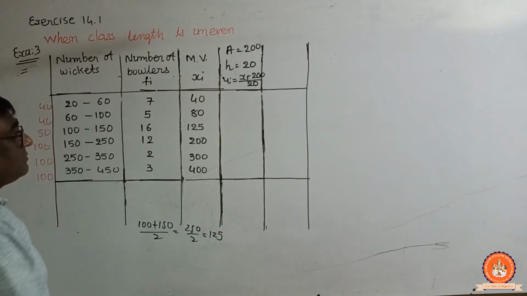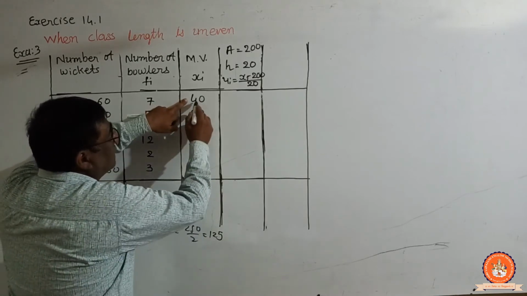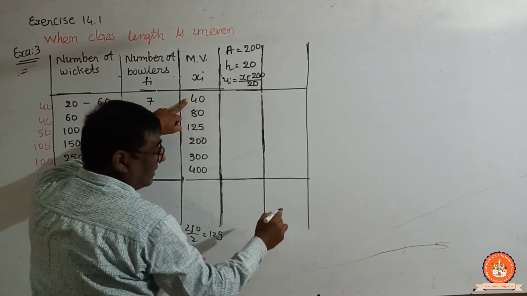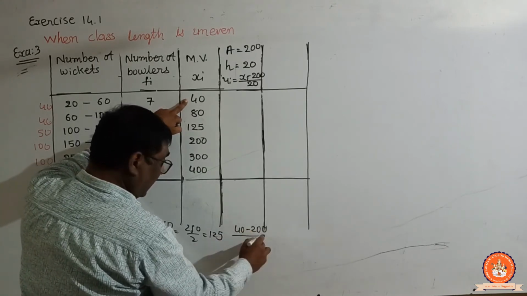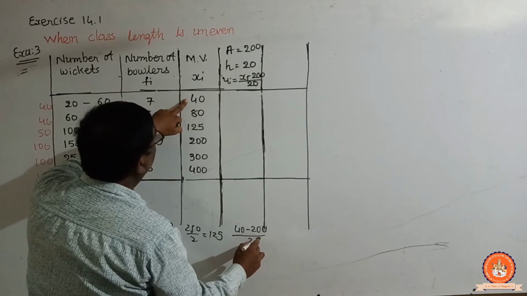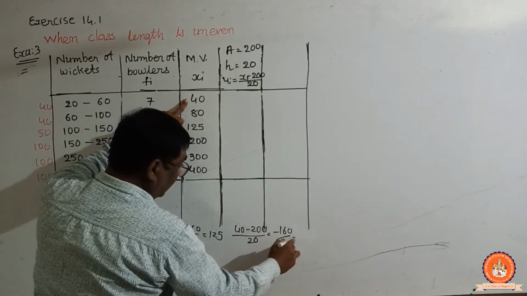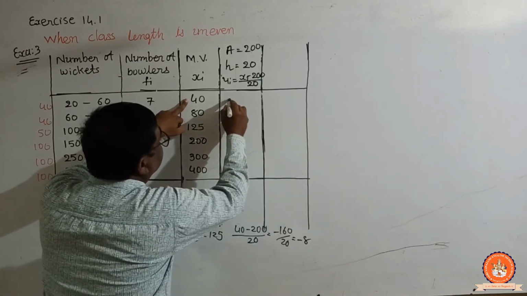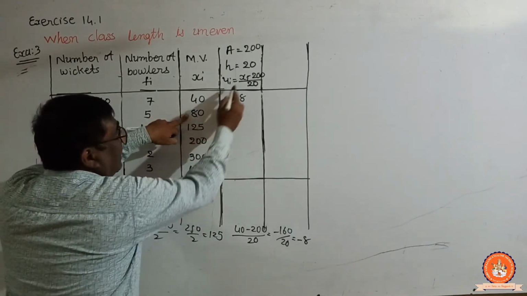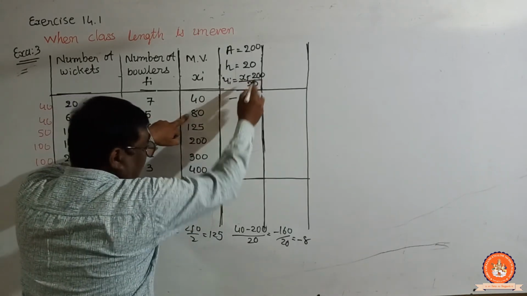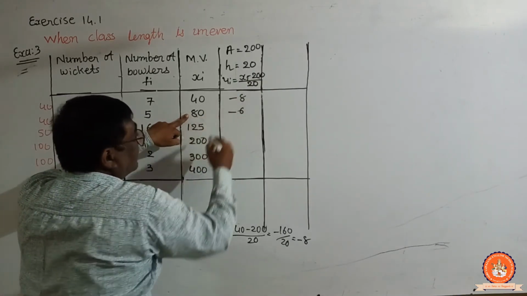Now xi means 40 minus 200, that upon 20. So that is minus 160 upon 20, that is minus 8. Now for u2, we put 80 here. 80 minus 200, that is minus 120 by 20, that is minus 6.